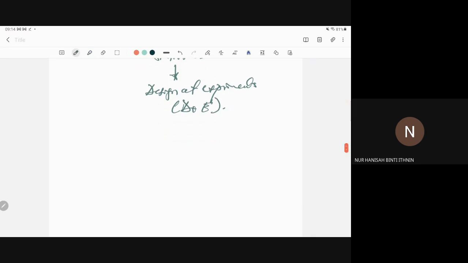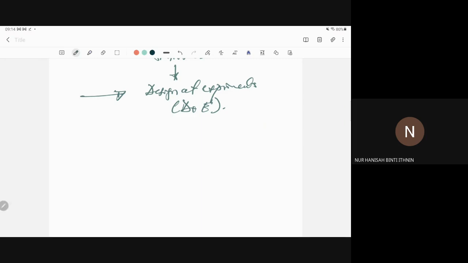How we carry out the actual experiment in the lab is based on this design of experiment. Design of experiment is not only on paper, but it is the way that we should carry out experiments in the lab.